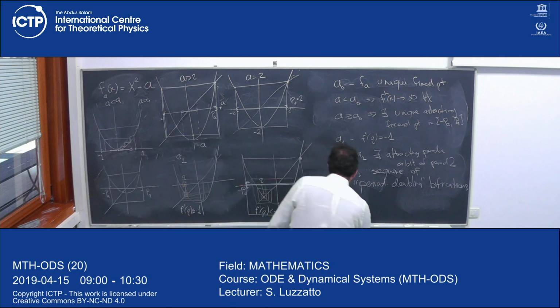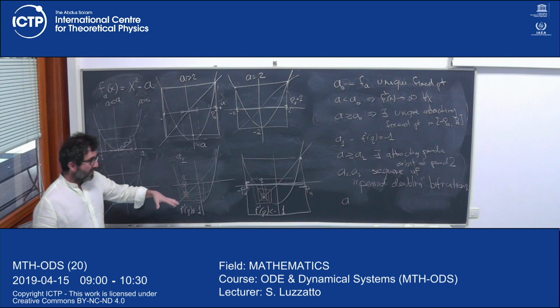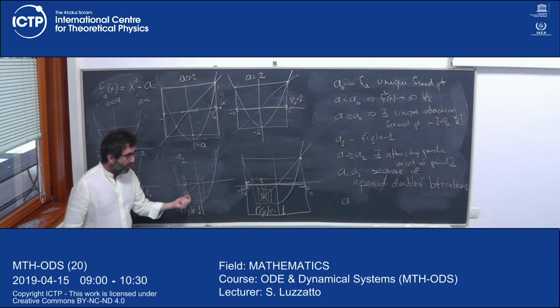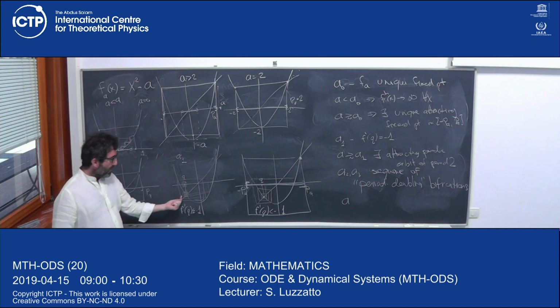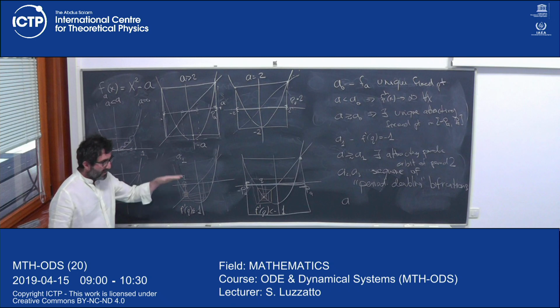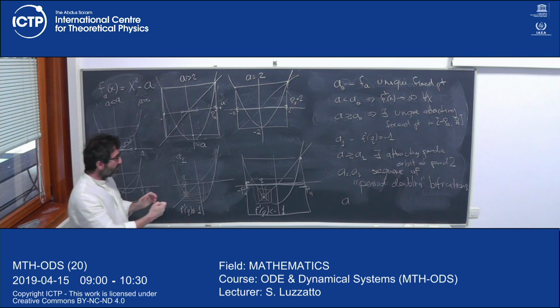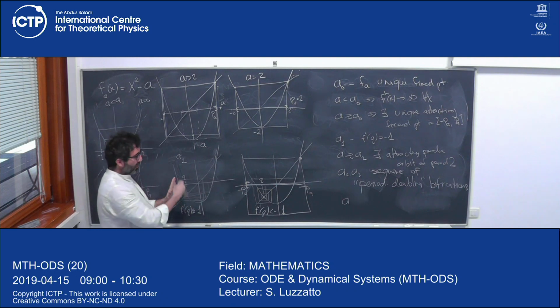At some parameter A2, this attracting periodic orbit of period 2 bifurcates and gives rise to an attracting periodic orbit of period 4. Then this periodic orbit of period 4, at some parameter A3, gives rise to an attracting periodic orbit of period 8. Okay, and that is always the unique attracting periodic orbit in this picture.